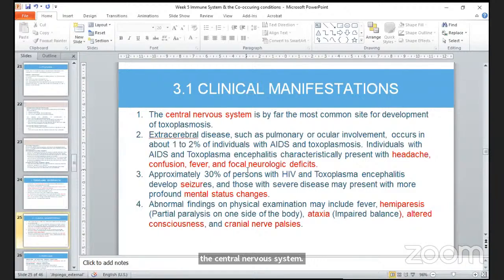Common features include headache, confusion, fever, and focal neurological deficits at certain points in the central nervous system. Others are seizures, changes in mental status, where somebody may be thinking upside down, and hemiparesis, or partial paralysis on one side of the body.